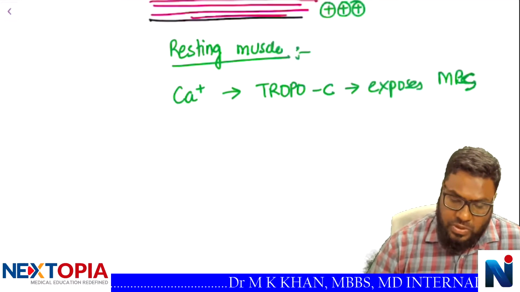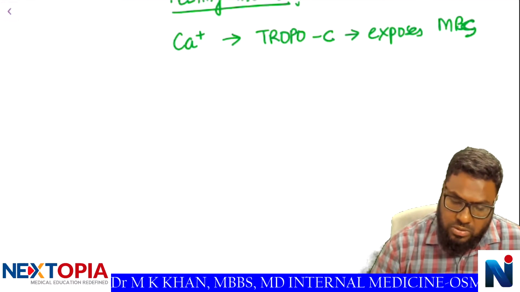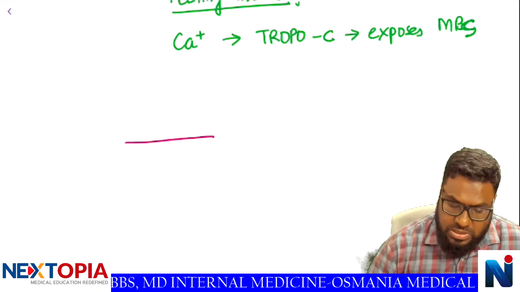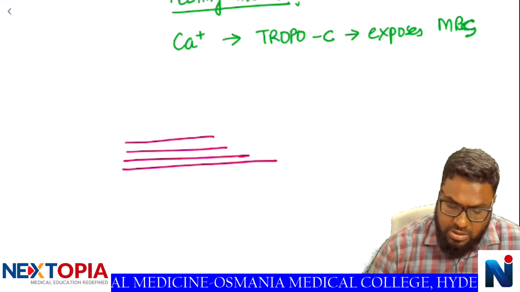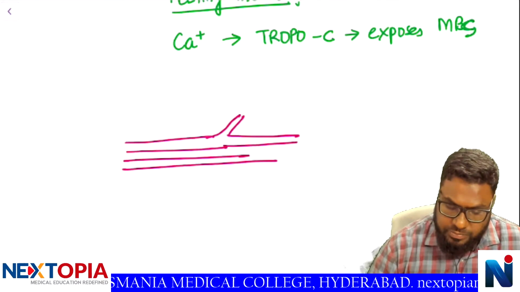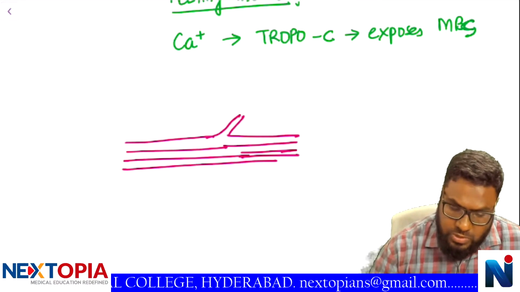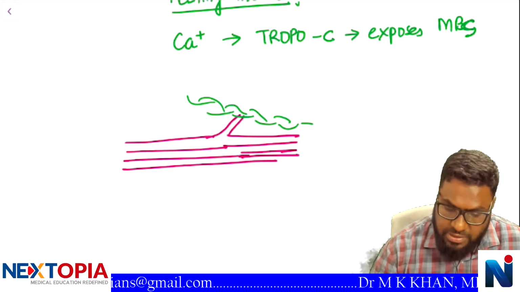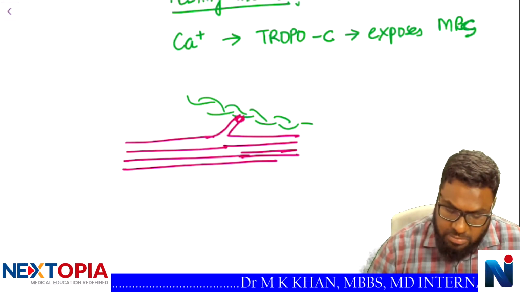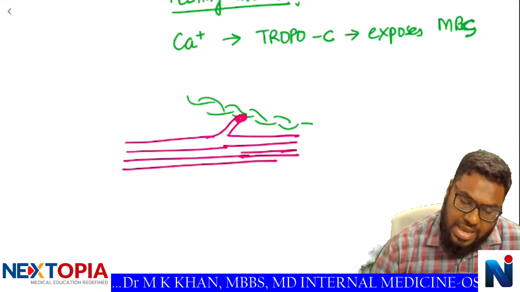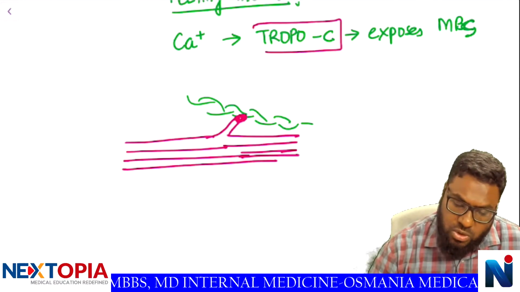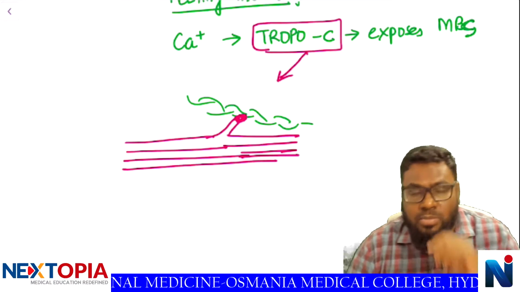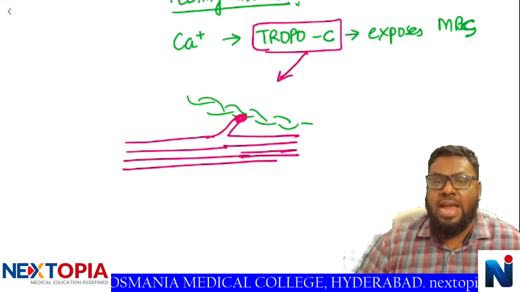Suppose this is the myosin filament, and this is the cross bridge. Thus what happens, now the actin comes in contact with myosin. And thanks to the calcium binding to the troponin C, which has increased the affinity of myosin to the actin.